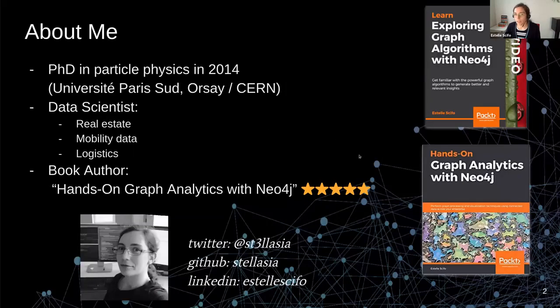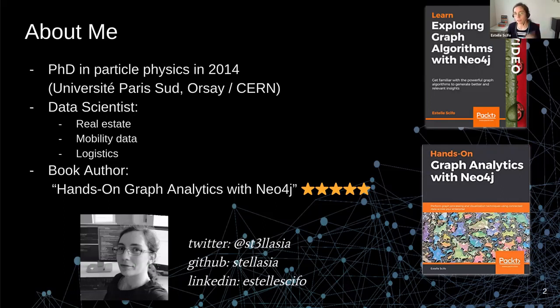So a few words about myself, but it has actually already been said, most of it. I started with a PhD in particle physics, and then I moved to the data science field. I've touched different domains such as real estate or mobility, and now I'm working on some logistics related tasks.